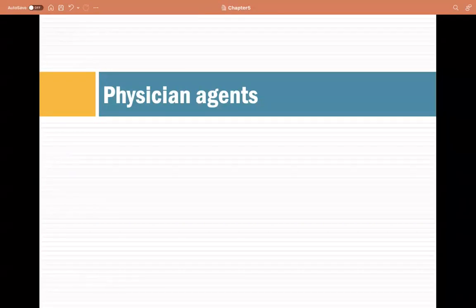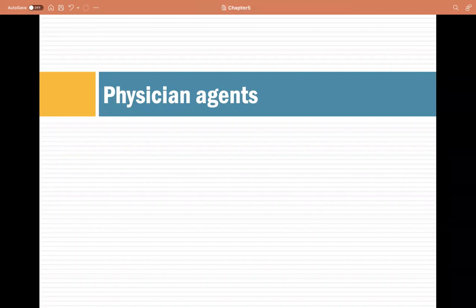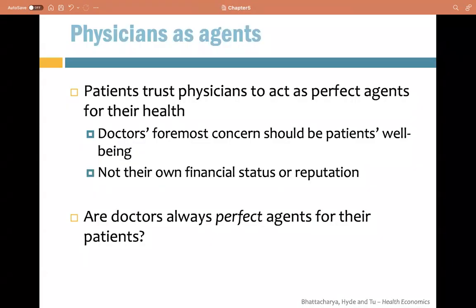Okay. So then the next part, we want to think of physician as an agent, to shift our mind a little bit. Agent economics happens when there are different players, but these players do not necessarily have the same incentive. For example, when we go to a doctor, we trust the physician enough that we hope they can act in our best interest, which is our health.